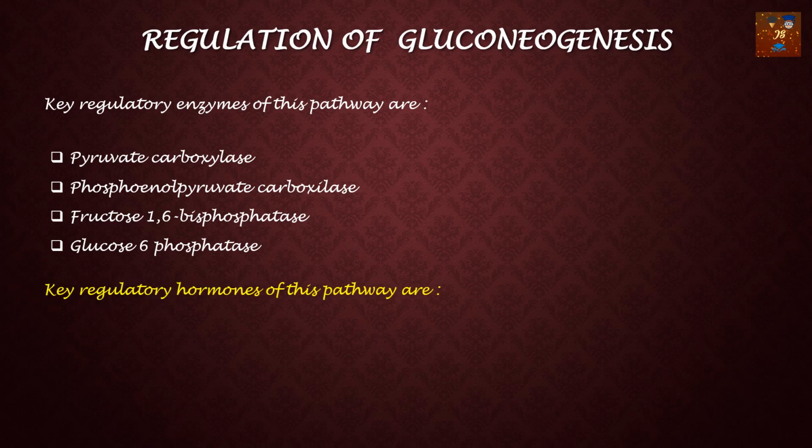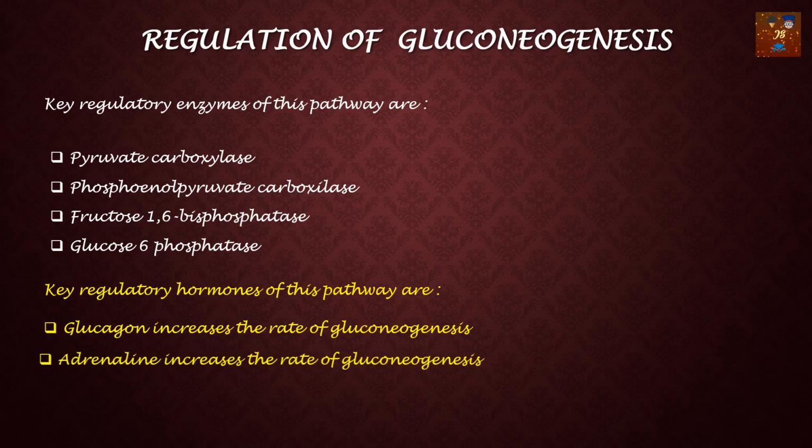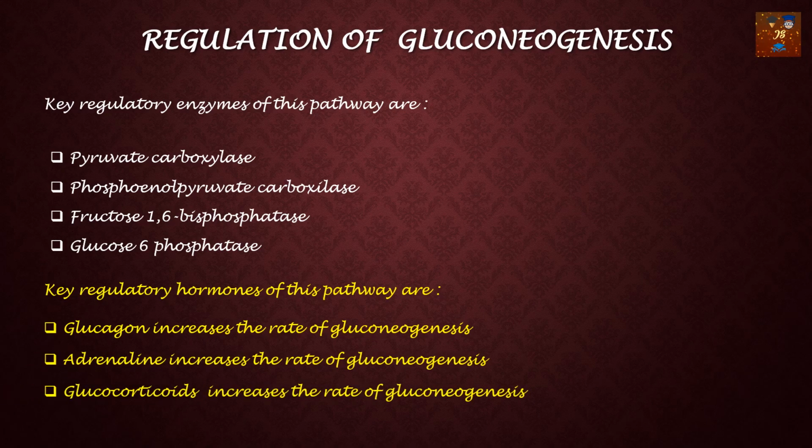Now, the hormones which control gluconeogenesis are, number 1, glucagon, which is released from the pancreas. It increases gluconeogenesis. Adrenaline also increases the rate. Glucocorticoids also help, but insulin decreases the rate of gluconeogenesis.